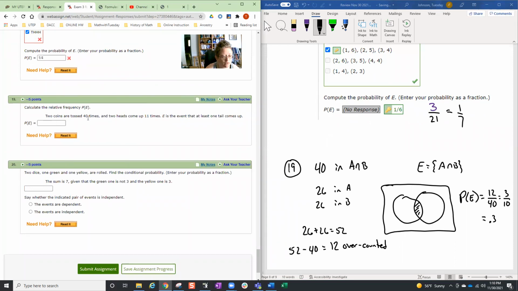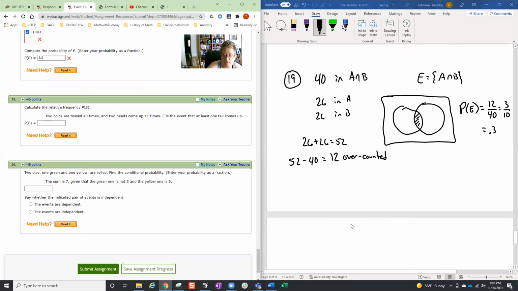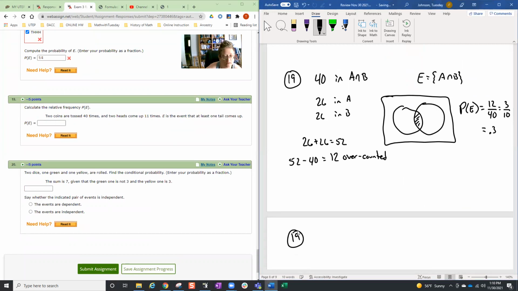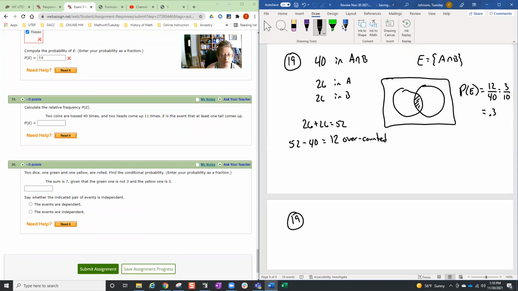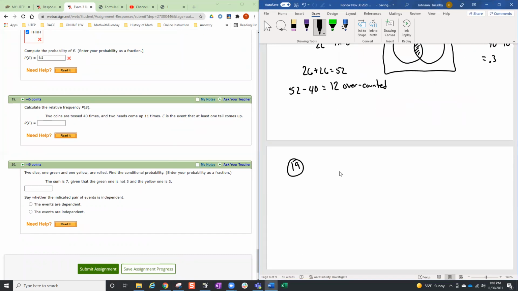Compute the relative frequency of 2 heads. Okay. I'm going to do another 19, because it's slightly different. There we go. 2 coins are tossed 40 times. Two heads comes up 11 times. So 11 out of those 40.